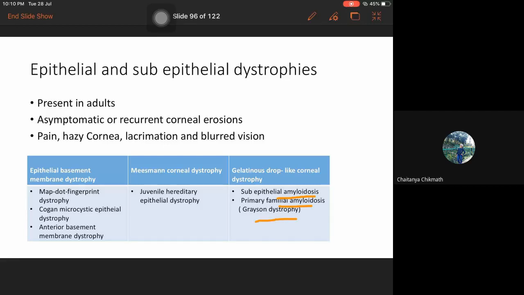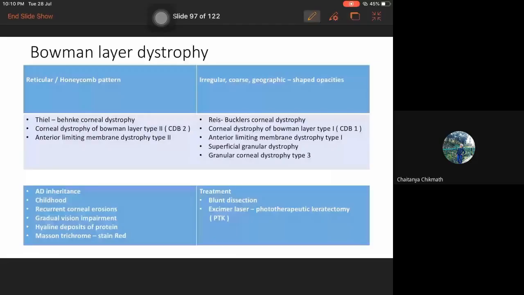You have Bowman's layer dystrophy. There are two major types, the most commonly occurring ones: Thiel-Behnke corneal dystrophy and Reis-Bücklers corneal dystrophy. Thiel-Behnke is also known as corneal dystrophy of Bowman's layer type 2, or anterior limiting membrane dystrophy type 2.